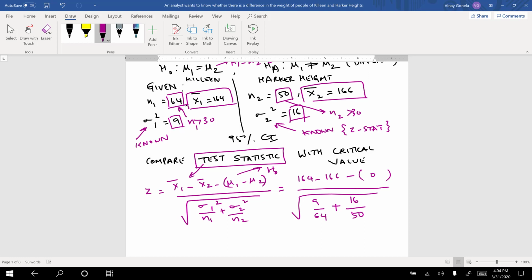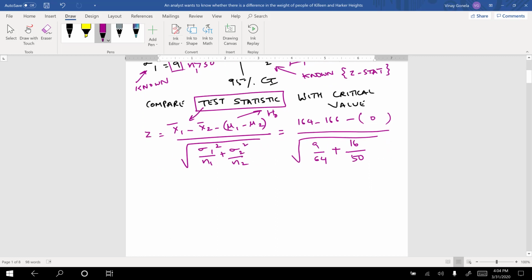So if you calculate this, the numerator will be -2 and the denominator would be 0.678694. So this is going to give you -2.94. So you got a test statistic value.